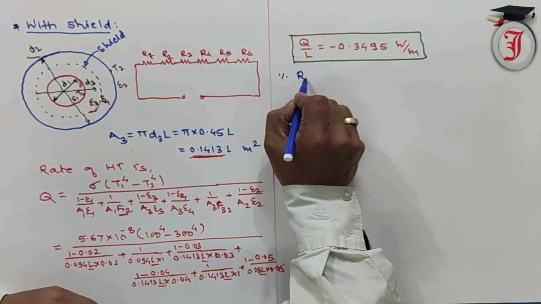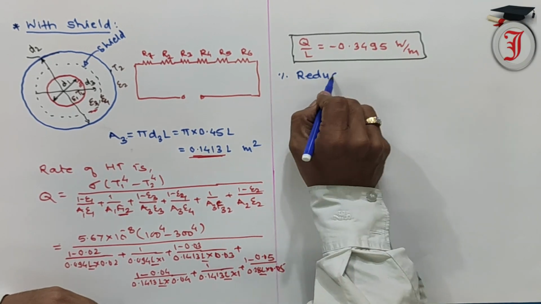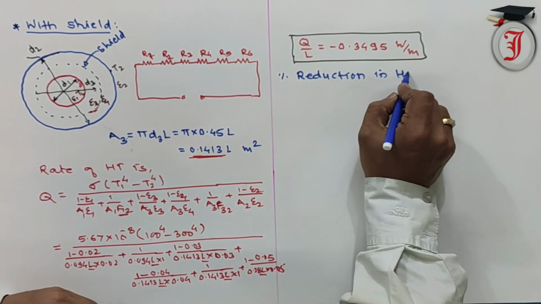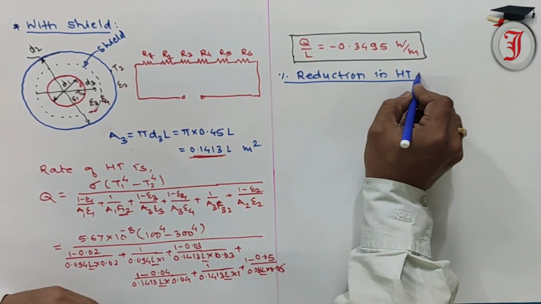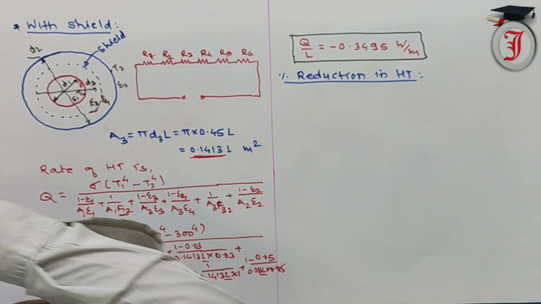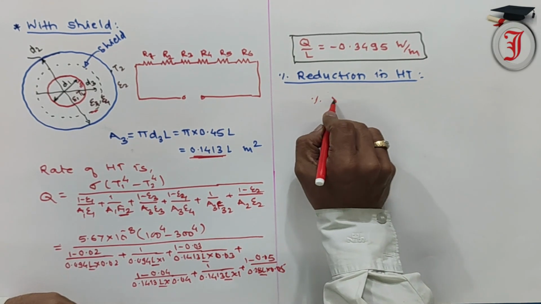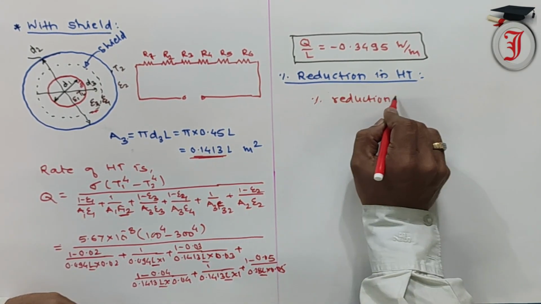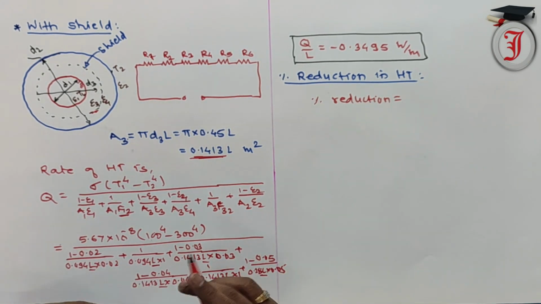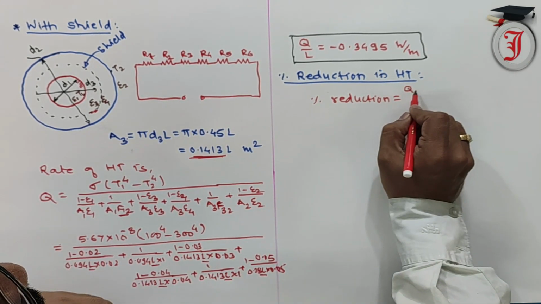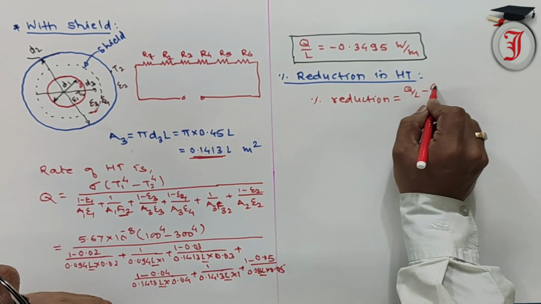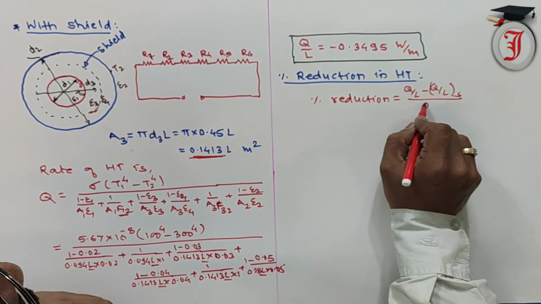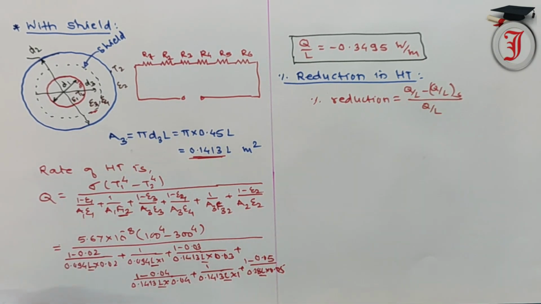Now let us calculate the percentage reduction in heat transfer. Therefore, the percentage reduction in heat transfer is equal to Q by L without shield minus Q by L with shield, divided by Q by L without shield.